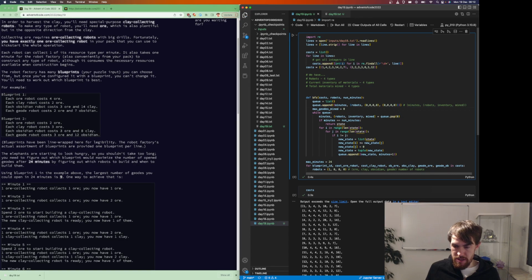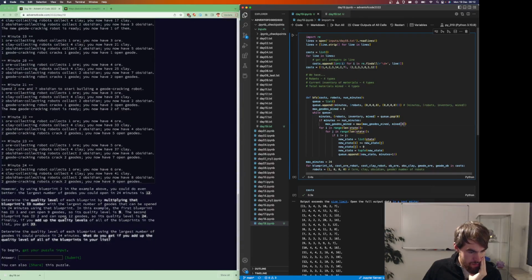Max geodes mined is 0. If minutes is equal to the number of minutes, max geodes mined is max between mined 3.